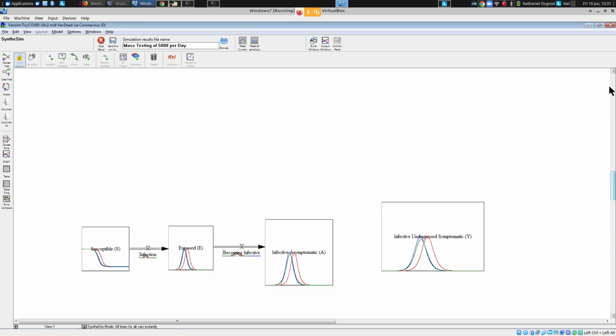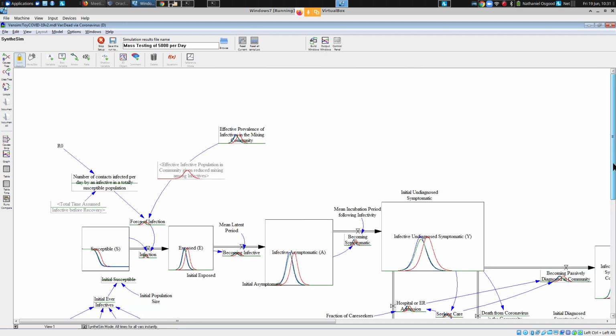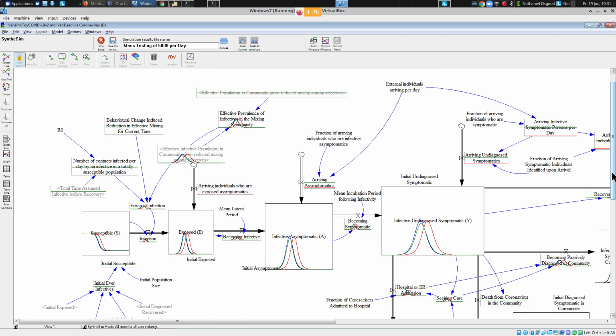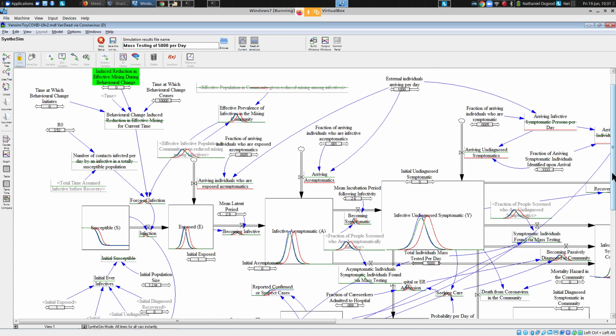So we've examined two types of scenarios that are based on interventions. I'd like to walk you through two additional ones before we switch to the slides. Okay, now in order to do this, I'm going to say 20% reduction in mixing, okay?